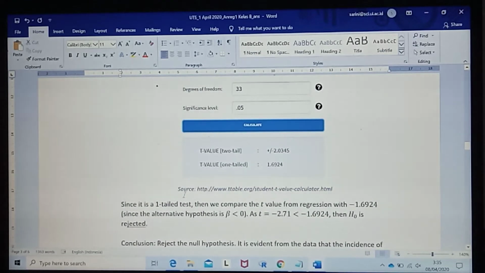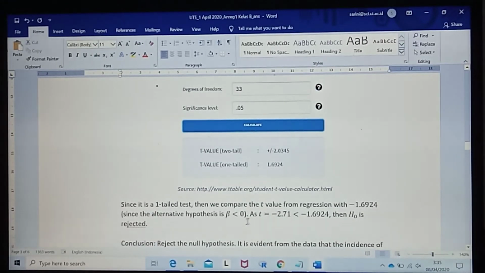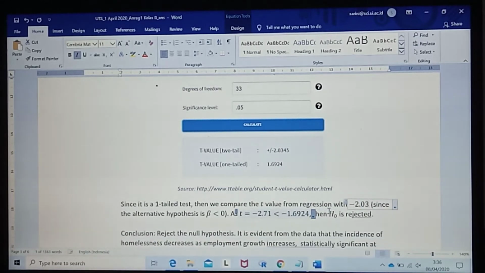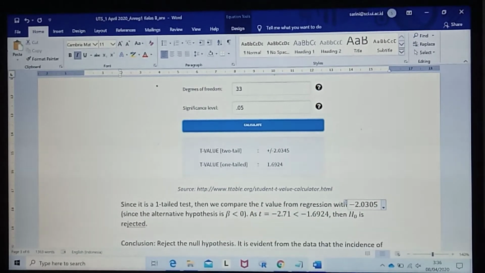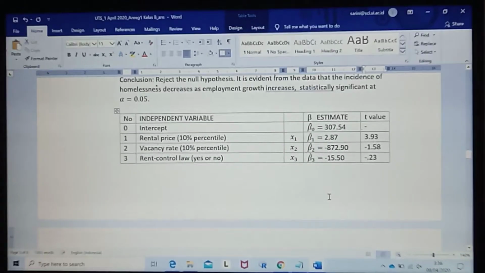And because in here we have a two-tailed hypothesis, we should compare the t-value from the output with the t-value for the two-tailed, that is with minus 2.0305. And why do I choose minus? Because we have here the negative value of t that we got up here. What is it? Minus 2.71.